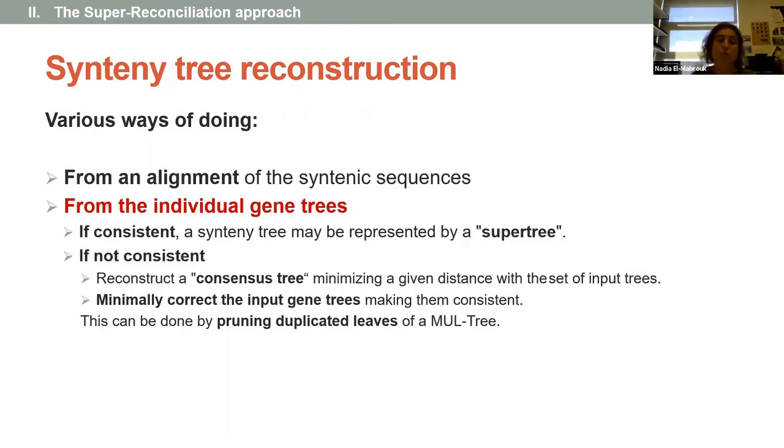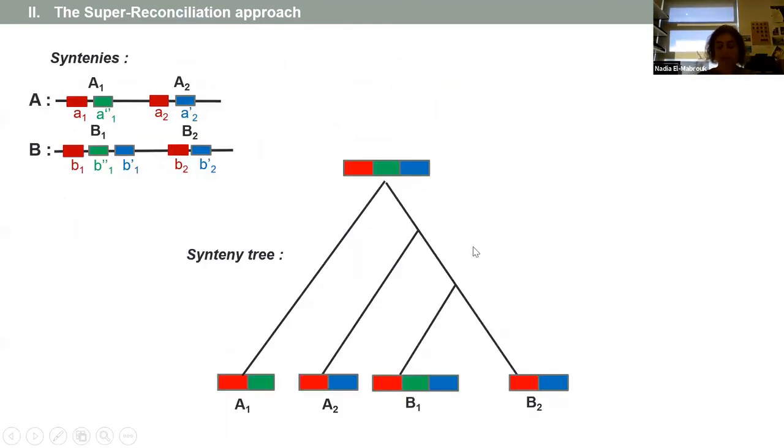For example, reconstruct a consensus tree minimizing a given distance with the set of input trees, or minimally correct the input gene trees, making them consistent. So we can use many different ways to infer an initial synteny tree.